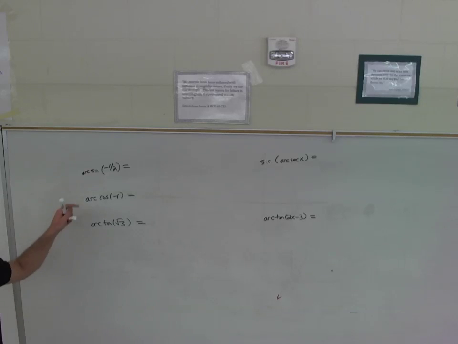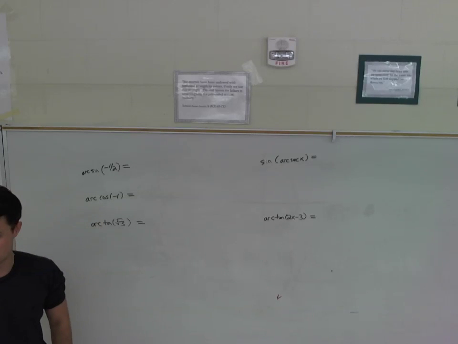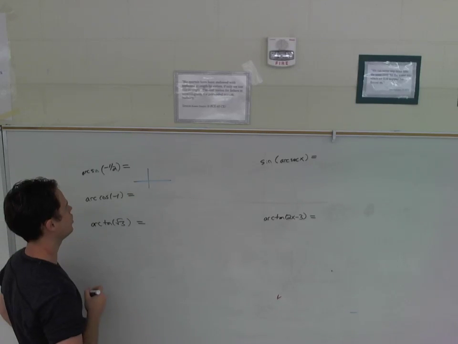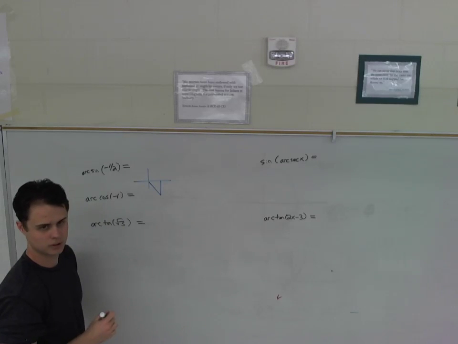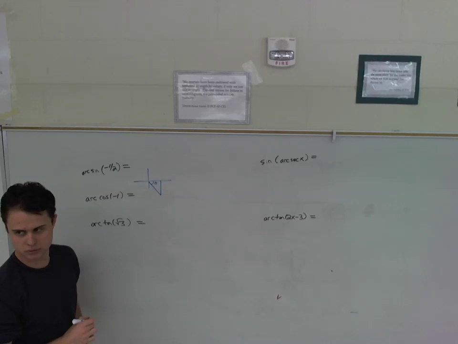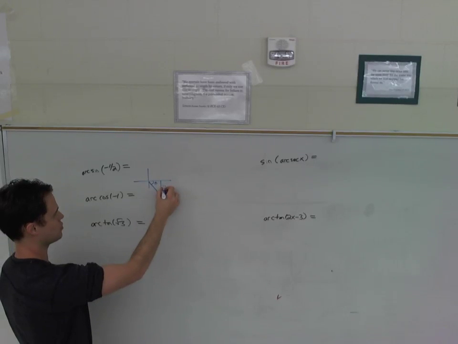Okay, so remember, when it says arc function, it's asking what angle has a sine of -1/2. The best way to do that is to draw it. What angle has a sine that's negative? Sine is the y value, so we go down. I'm looking for that angle.